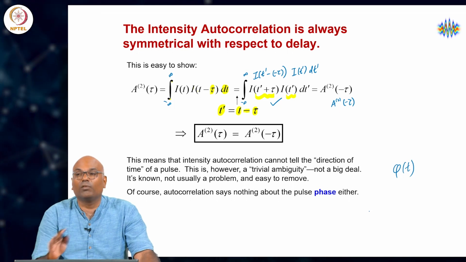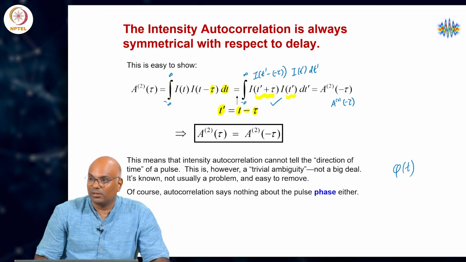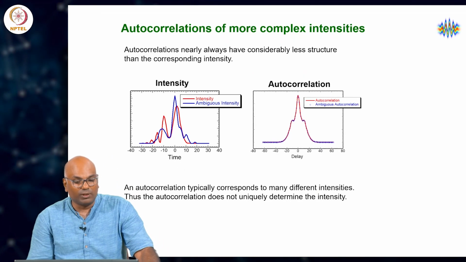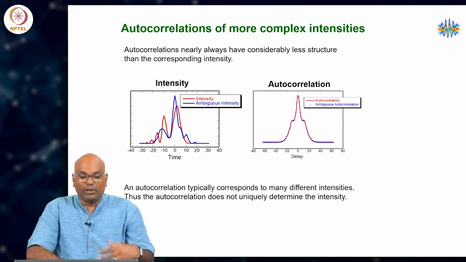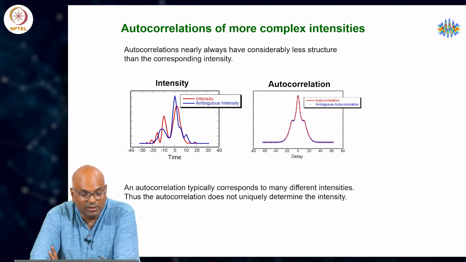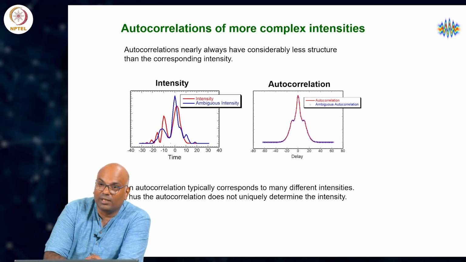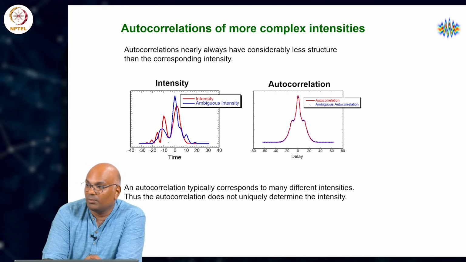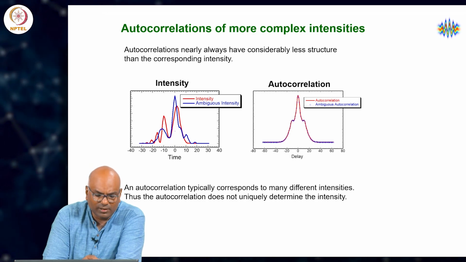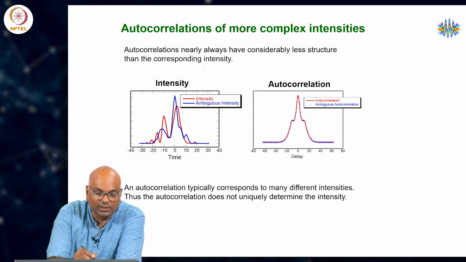So, we have not solved the problem entirely, but we have certainly made progress with autocorrelation. But look at other aspects too. Autocorrelations have considerably less structure than the pulse itself. That is something also which we must realize. Take an arbitrary function like a spiky pulse like this.